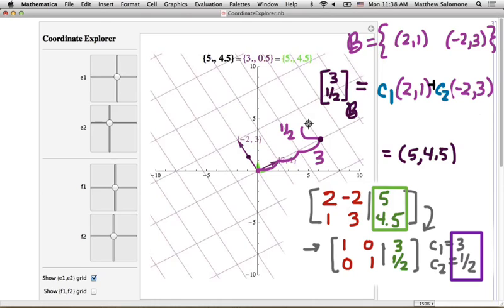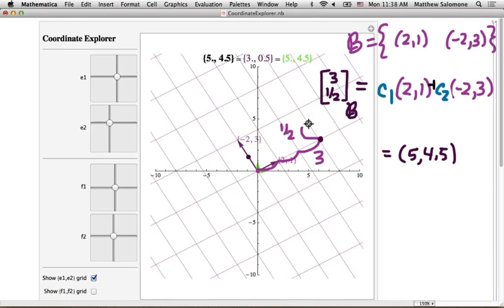And what I mean by that is, to find the b coordinates of a point, if I know the standard basis coordinates of that point, should always be the same system of equations to solve, which means it's always the same matrix, which means I should be able to use the inverse of that matrix to get my b coordinates.